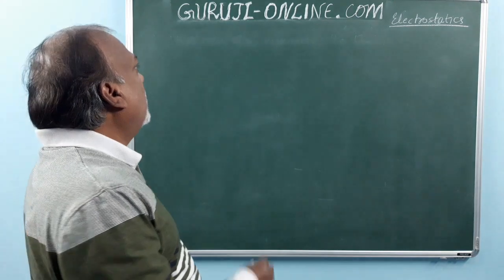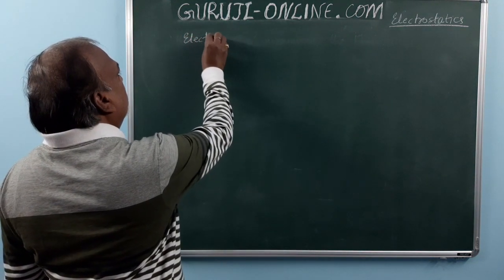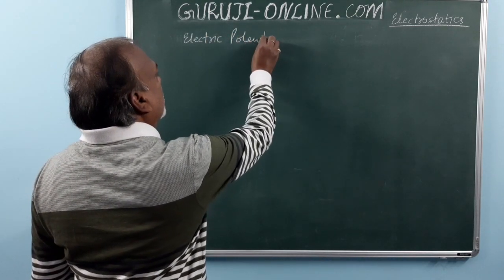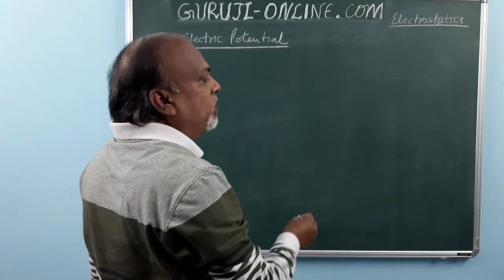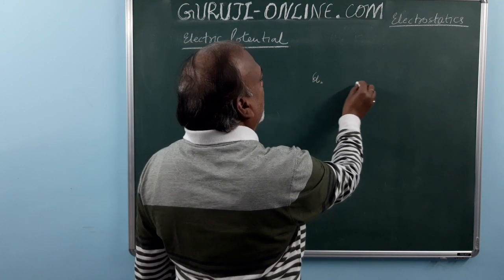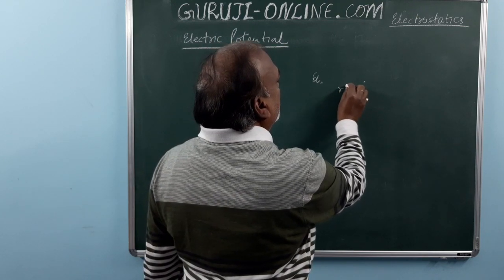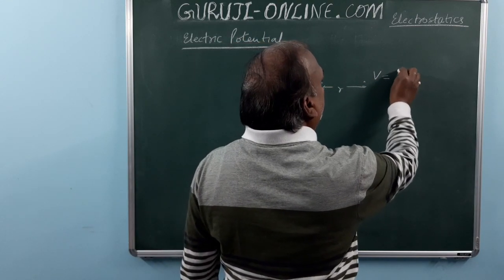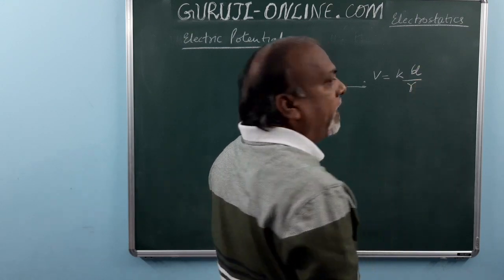So, electric potential, as you know, suppose you have a charge q, then at a distance of r, we have electric potential as k q upon r.